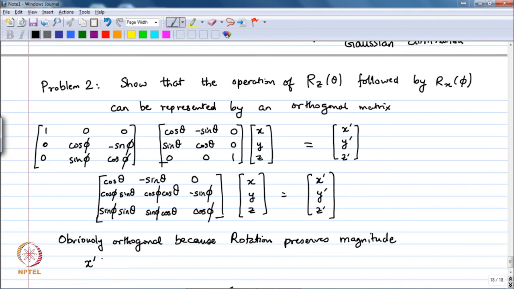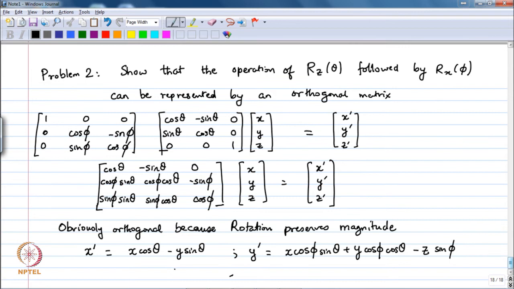So, x prime is equal to x cos theta minus y sin theta, then y prime is equal to x cos phi sin theta plus y cos phi cos theta minus z sin phi, and z prime is equal to x sin phi sin theta plus y sin phi cos theta plus z cos phi.